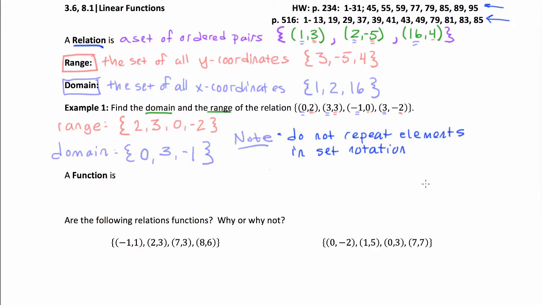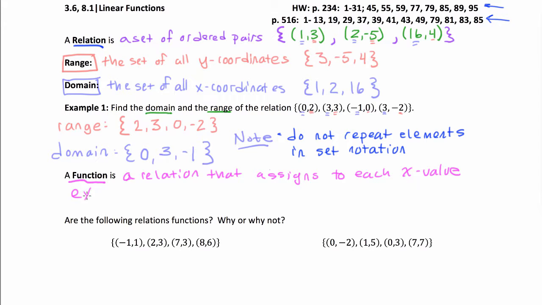So what we're especially excited about here in 3.6 is a function, and a function turns out to be a really important mathematical concept, and it's a special kind of relation. A function is a relation that assigns to each x value exactly one y value.